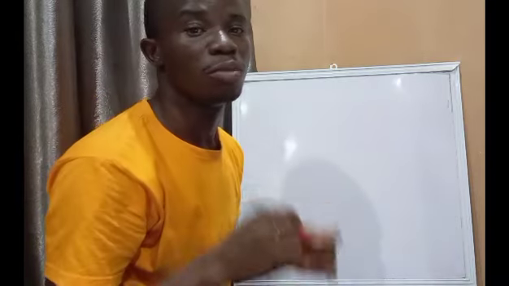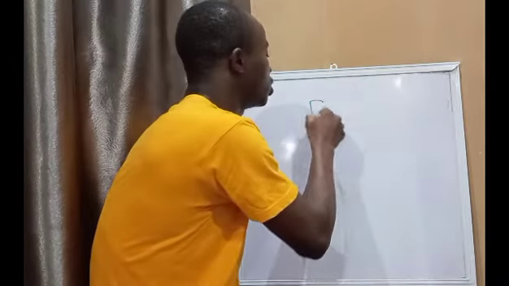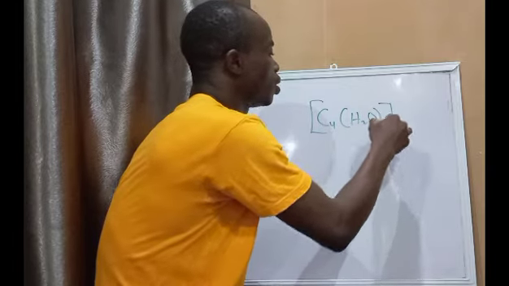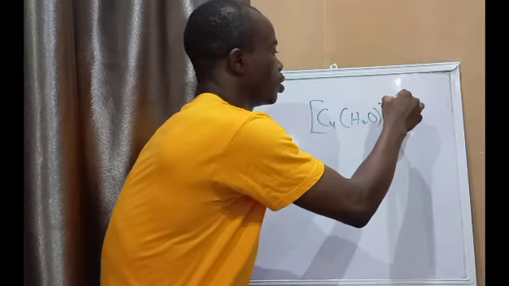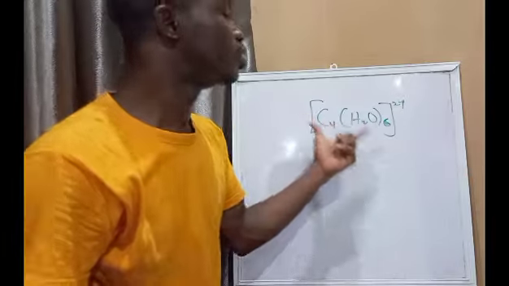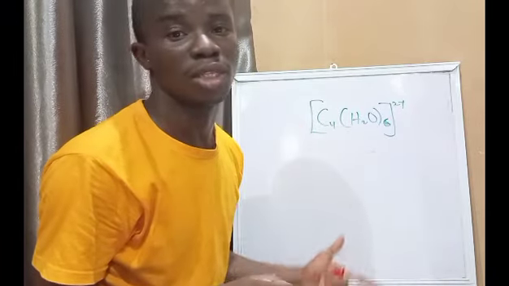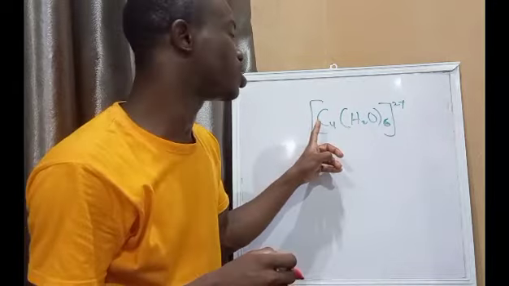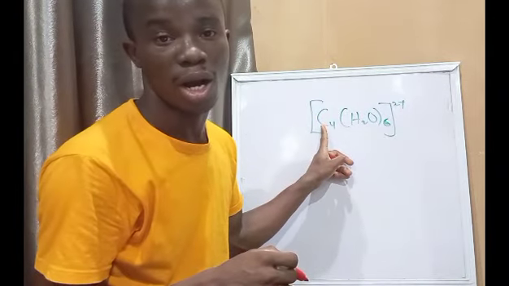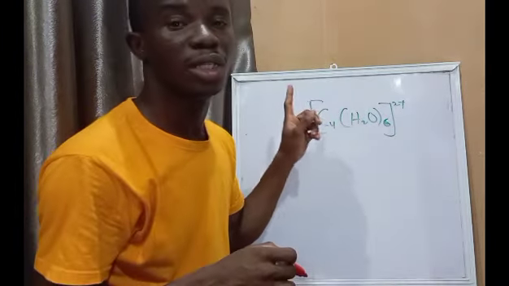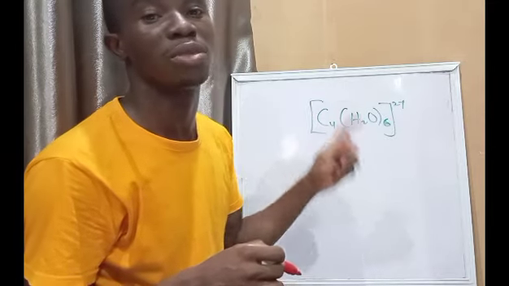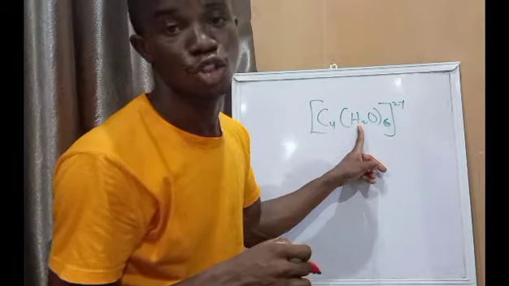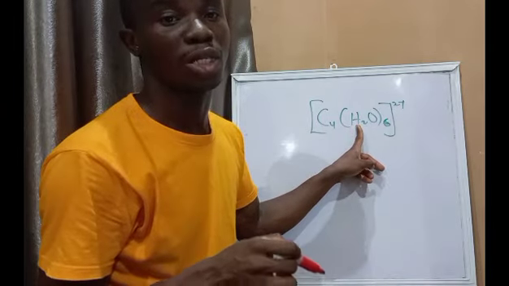atom. An example of a metal complex is Cu(H2O)6. Now, this is an example of a metal complex ion, whereby the central metal is the copper atom, and the molecule coordinated to the central metal is H2O, which we all know as water.